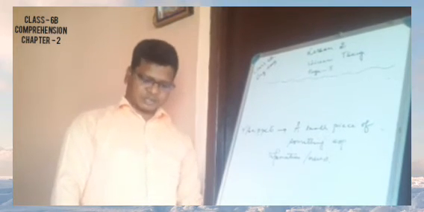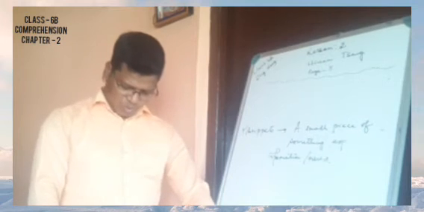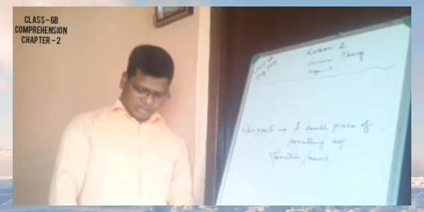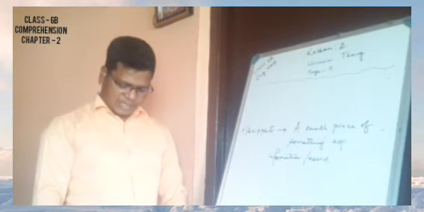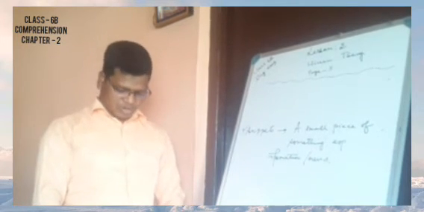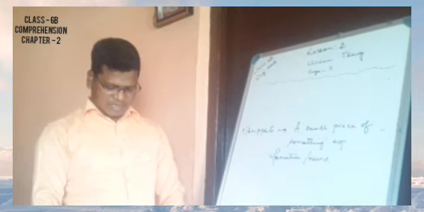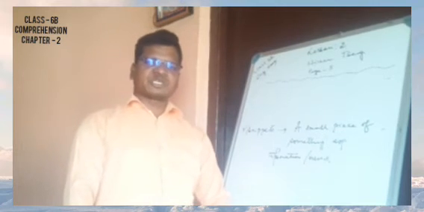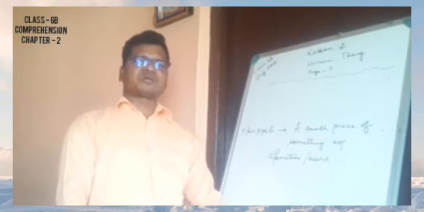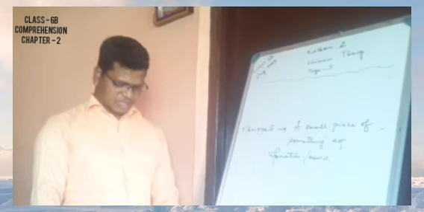Who are pirates? A person who robs or commits illegal activities or violence at sea. So just remember, pirates are persons who rob, that means who take away things from others, or otherwise commit illegal activities.